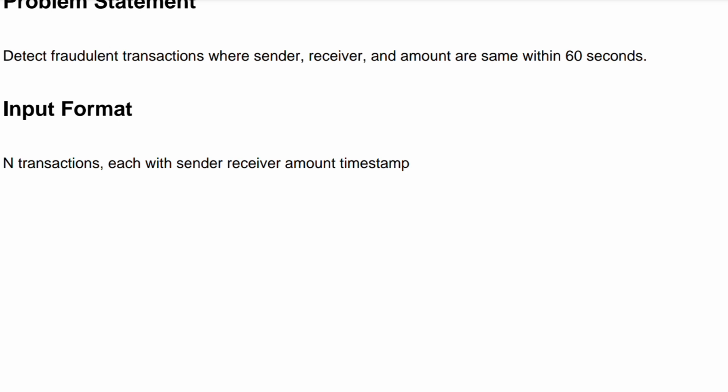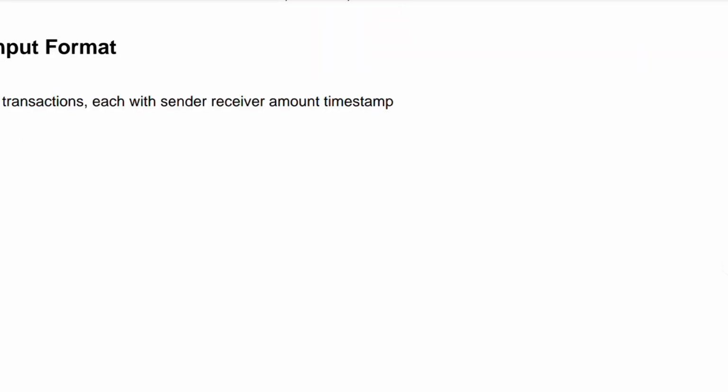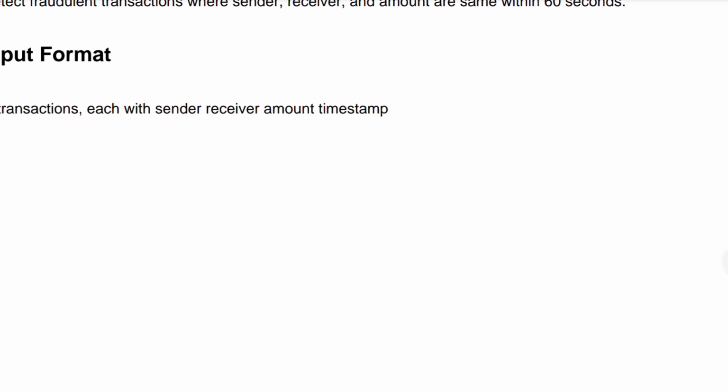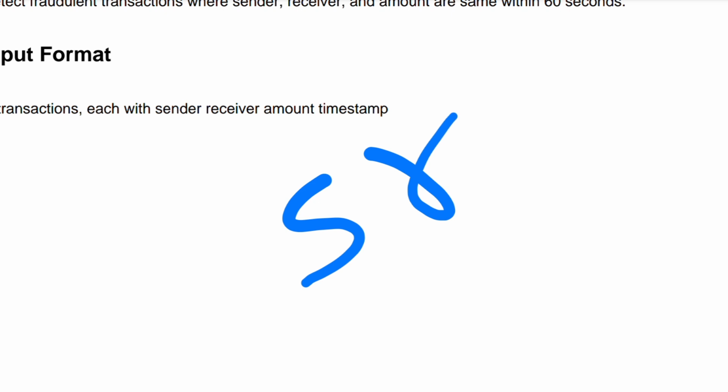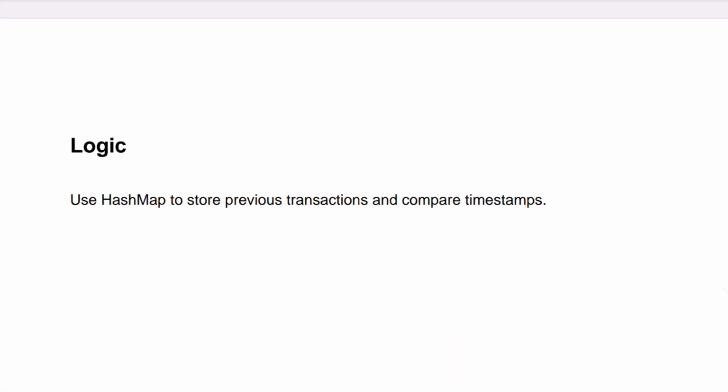Here we use a logic called HashMap. HashMap means key equals sender plus receiver plus amount, and the value is the timestamp. The input format is sender, receiver, amount and timestamp. The logic is, yes, HashMap.